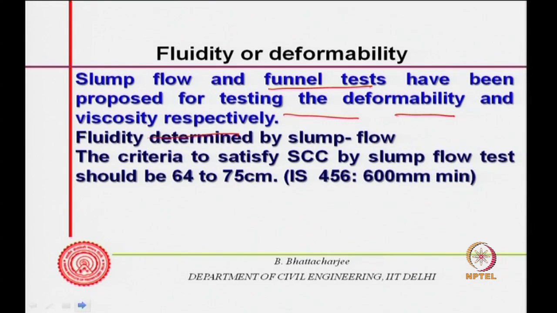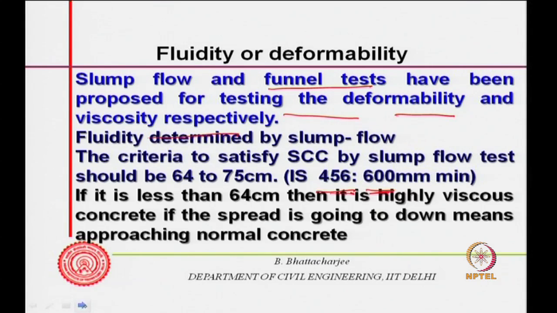The criterion to satisfy self compacting concrete by slump flow test should be 64 to 75 centimeter slump flow. IS 456 2000 defines 600 minimum flow to qualify as a self compacting concrete. So, this determines fluidity. Now, how does it do it? I will come to this.